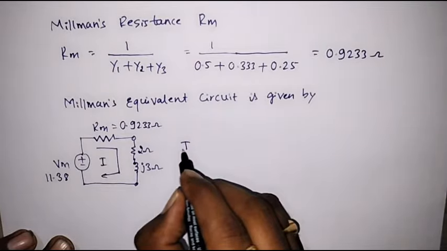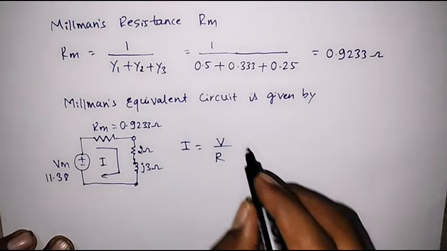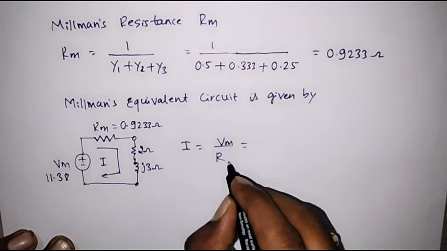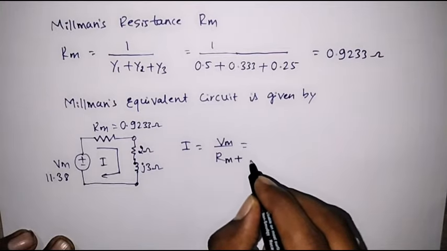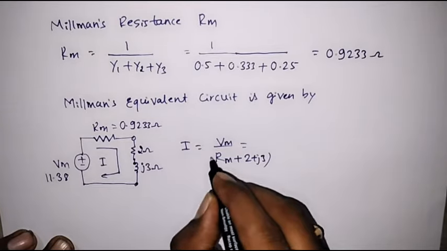Now let's find the current in this branch. I is equal to V by R, which is Vm divided by Rm plus 2 plus J3.